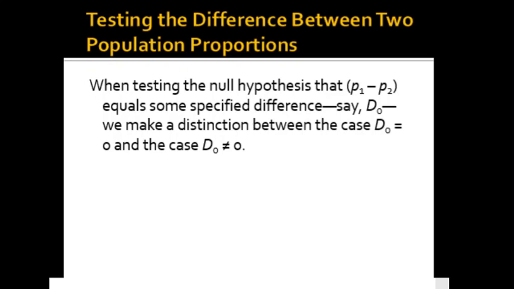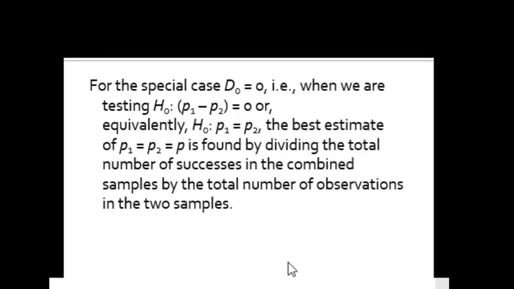So we're just comparing the difference to 0, versus when D0 is not equal to 0. So we have a specific value to compare with, like p1 minus p2 is greater than 0.2, so a difference of 20%, versus p1 minus p2 equals 0. That means that the difference is just compared with 0.